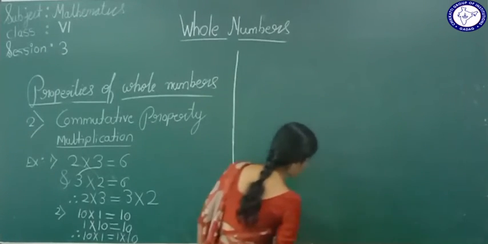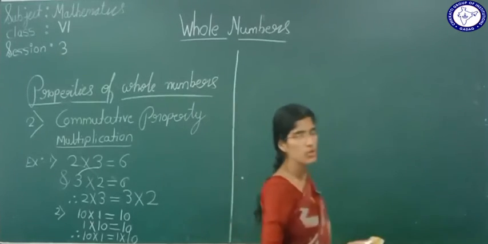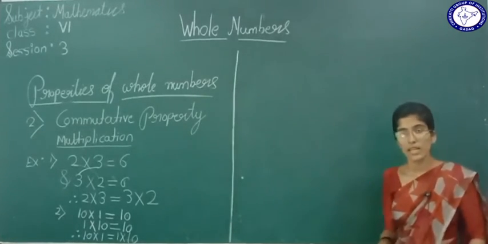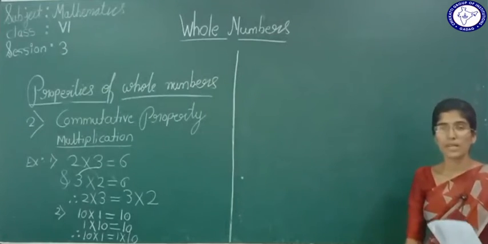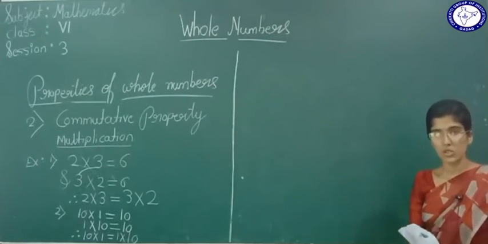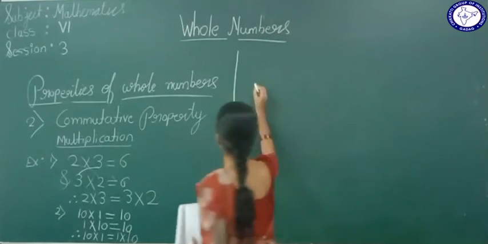If the answer comes same when we interchange the position of the number, then the commutative property holds true, okay, or holds good.